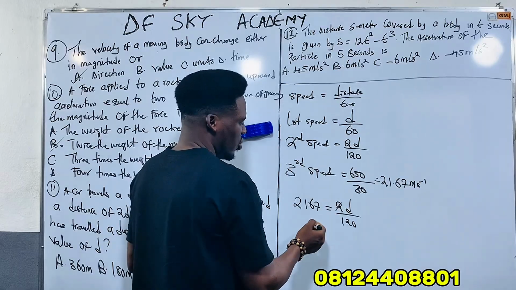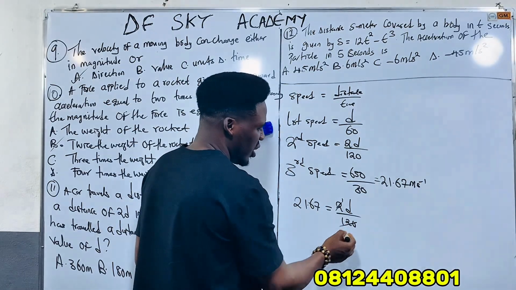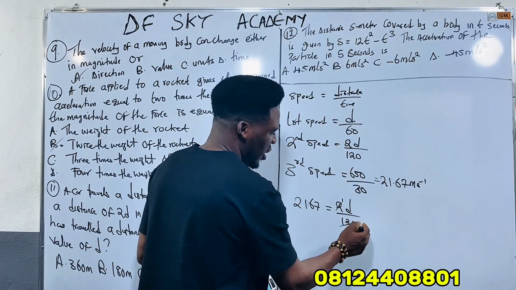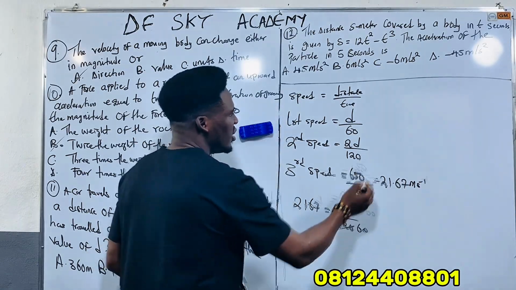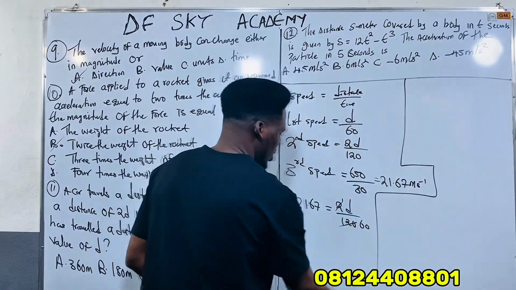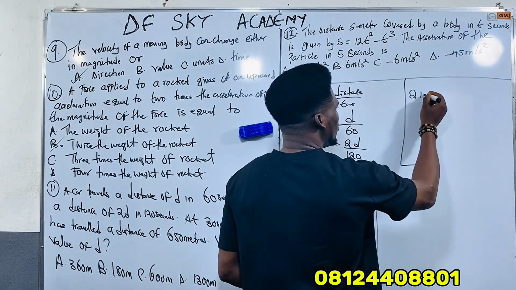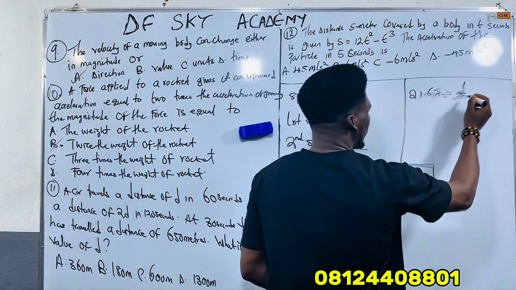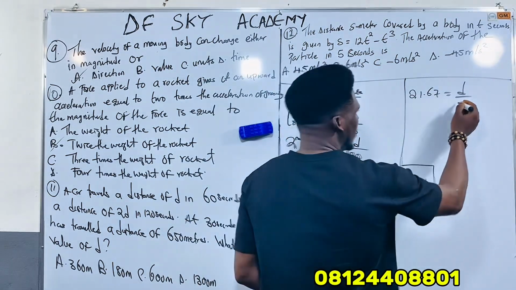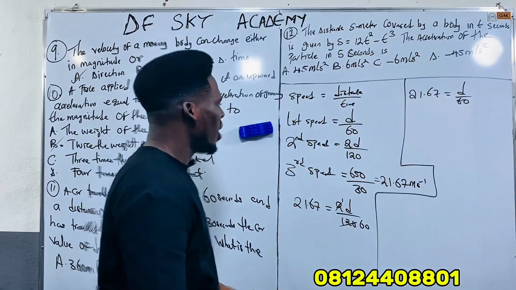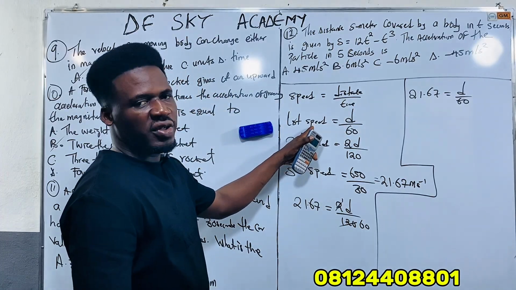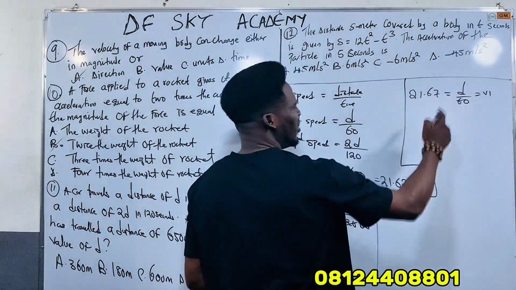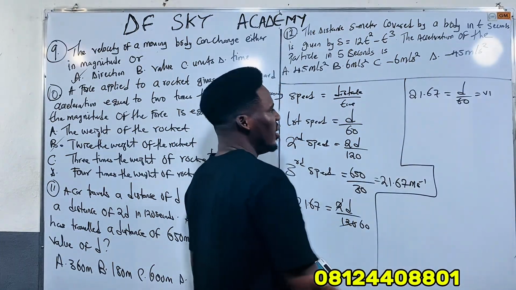Okay, 2 here is 1, what is the 2 here? I think it's 60. That means I'm going to have 21.67 is equal to d all over 60. And what is d all over 60? That is the first speed, which is equal to v1, right? So we are looking for d. Make d the subject of the formula.